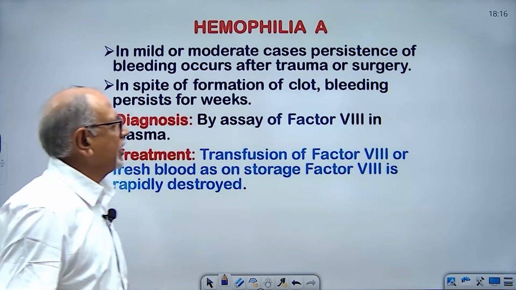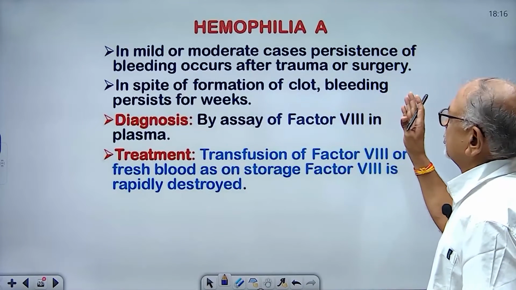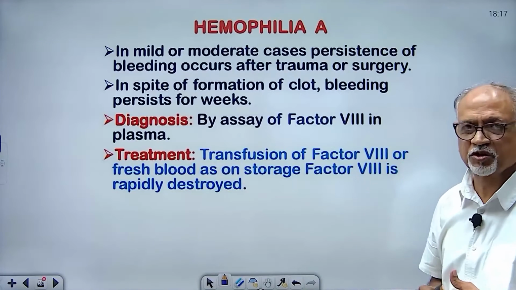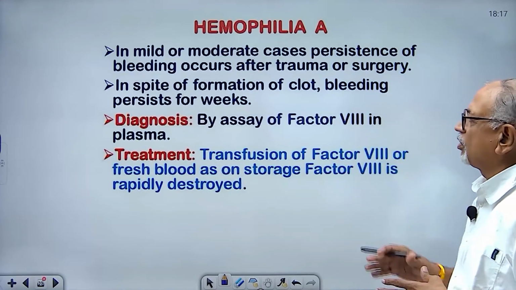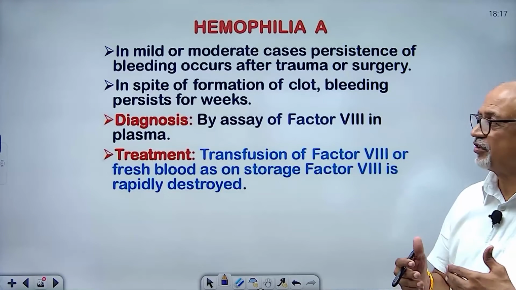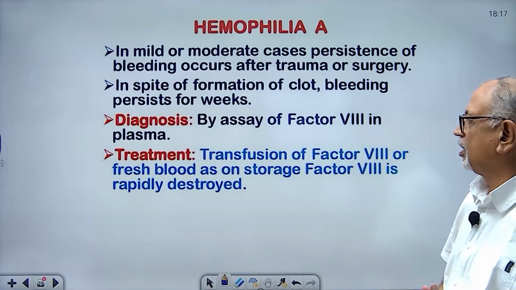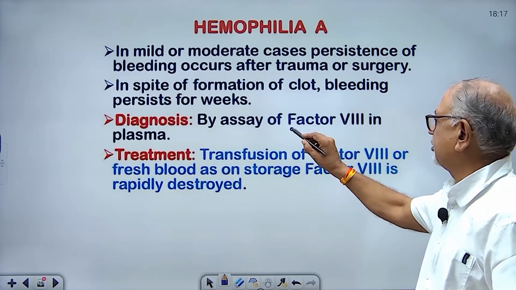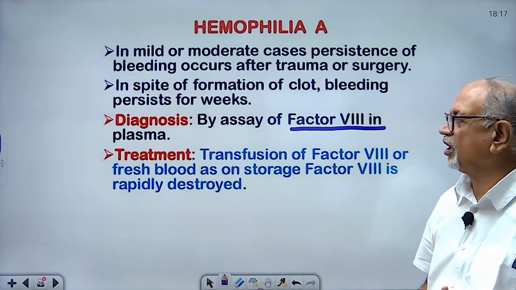In hemophilia A, mild to moderate bleeding persists after surgery or a trauma. In spite of formation of clot, the bleeding persists for quite some time. It may persist for weeks. It is diagnosed by the assay, that is estimation of factor 8 in the plasma.